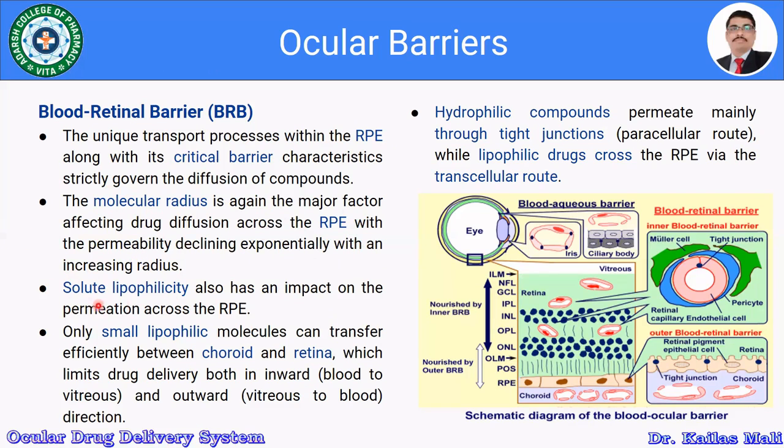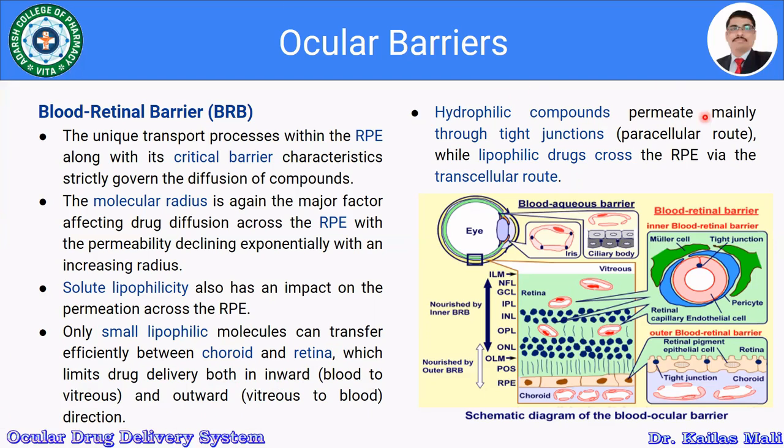Solute lipophilicity is yet another factor affecting permeability through the RPE. Only small lipophilic molecules can transfer efficiently between the choroid and the retina, which limits delivery both inward, that is blood to vitreous, and outward, that is vitreous to blood direction.